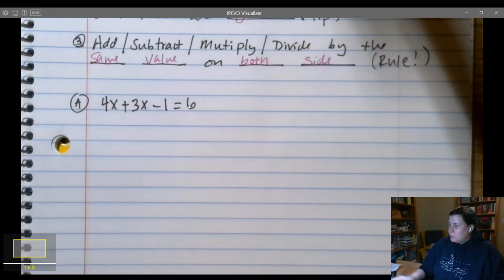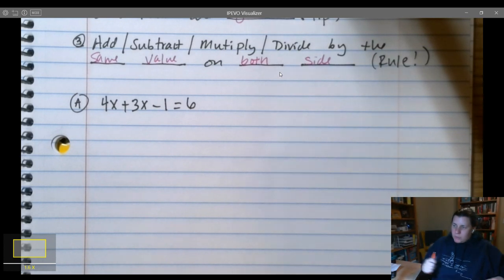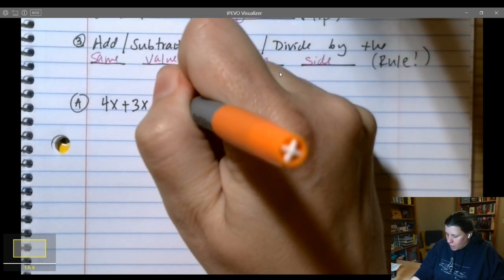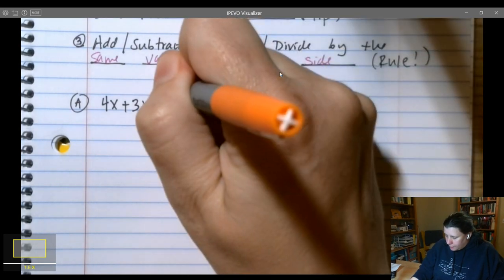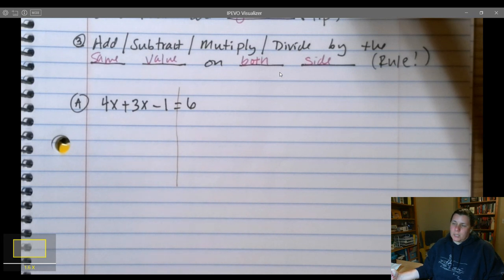If you are not yet taking notes, that's okay. I'd like you to grab a piece of paper right now, copy this down, and pause this video until you have this copied down. All right, now that you have this copied down, I'm going to ask that you draw a little line down the middle. This is optional, but I find that students find this really helpful.